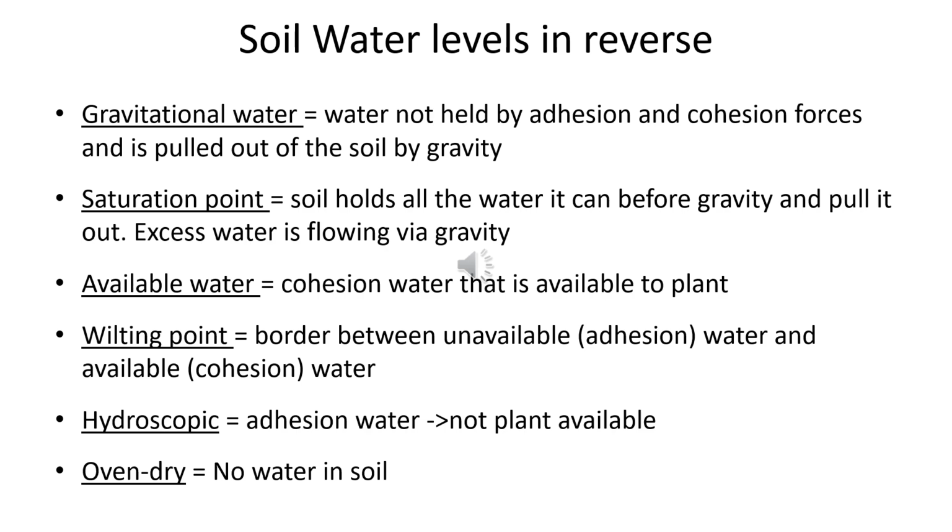Then as you begin to remove more water, you don't have gravitational flow anymore. Think of watering a flower in a pot. You dump water in it. While there's water coming out of the bottom, it's saturated. As it stops dripping out the bottom, now the soil is holding all the water it can, right?